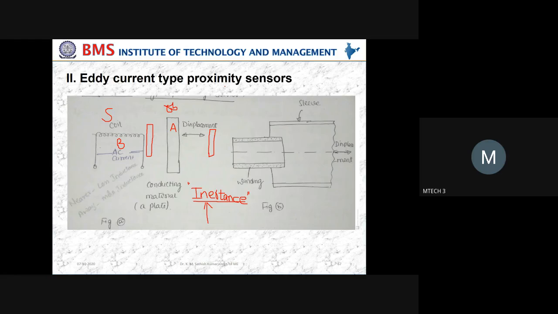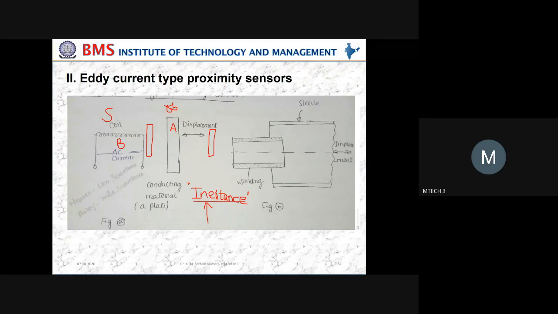That means in case of the eddy current type proximity sensor, the movement of the conducting material will give you a higher value of eddy current or a lesser value of eddy current.